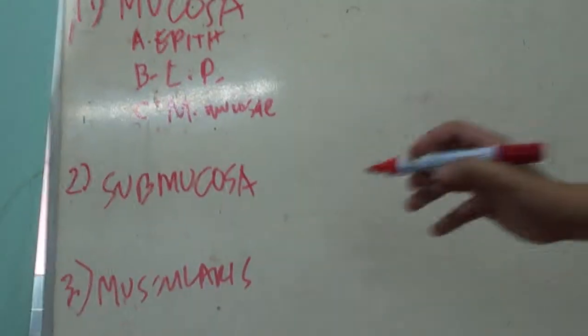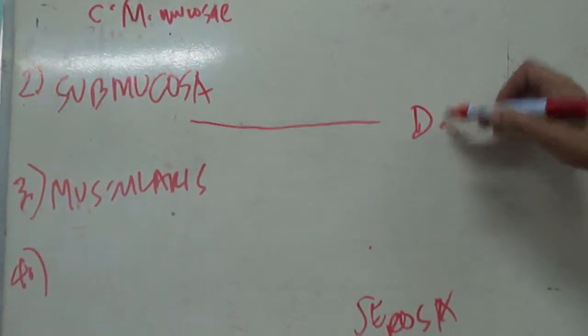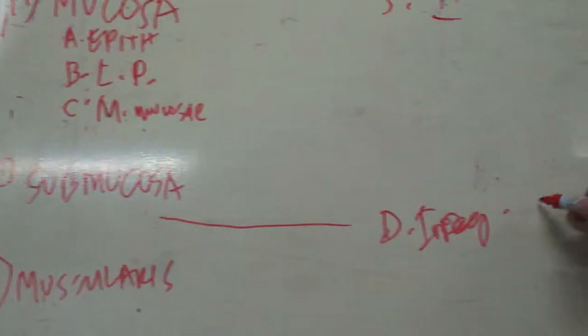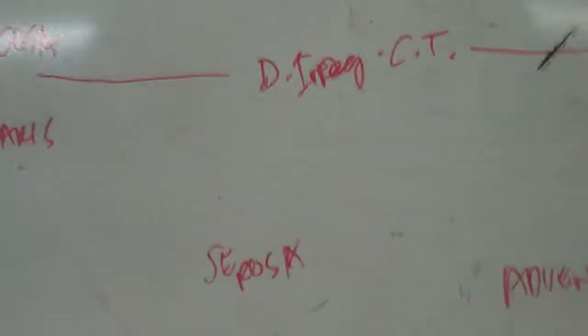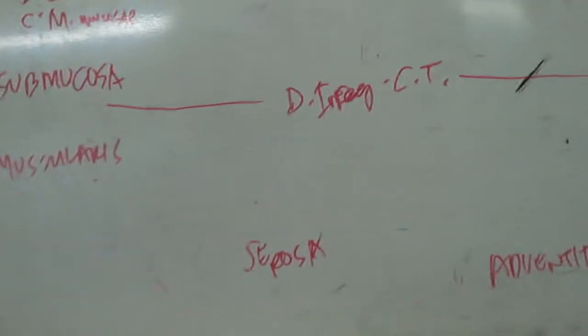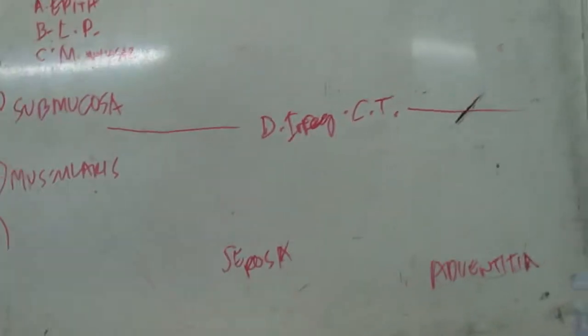And then the submucosa will be similar to both small and large intestine. It will be composed of dense, irregular connective tissue. Now, we will be able to identify a segment or an organ in the gastrointestinal tract through their mucosal characteristics.